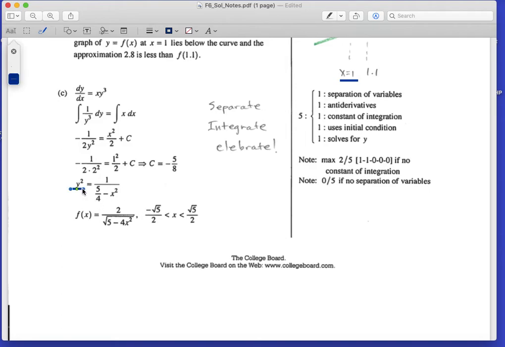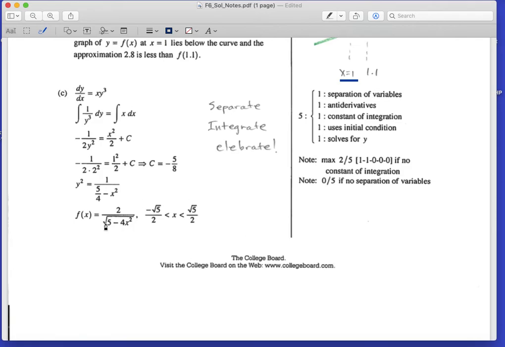Uh-oh, y is squared, so I have to take the square root of both sides. Remember, the solution to a differential equation is a function. This y, which is the same thing as f of x, that once we find it, that's the solution. That's what they're asking us for, that function. So y turns out to be squared here, so when you take the square root of both sides, you have to introduce a plus or minus.